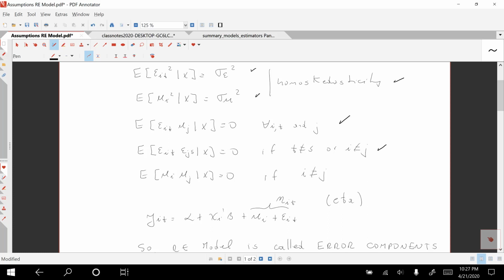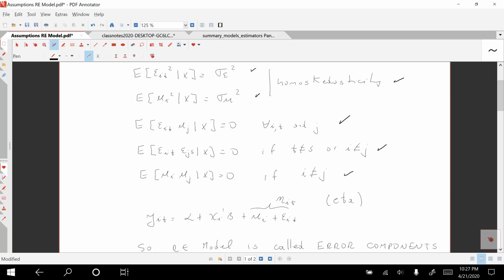So that's what that assumption is all about. The errors are independent between individuals during the same time period and also in different time periods. And also the individual level errors are independent from each other. So those are the three types of independence assumptions.